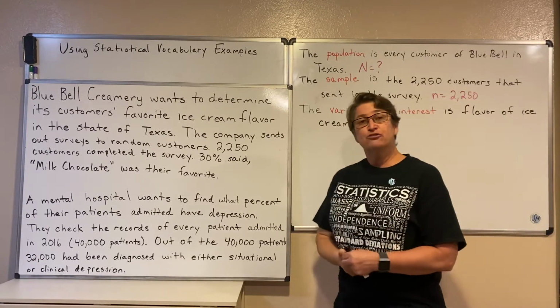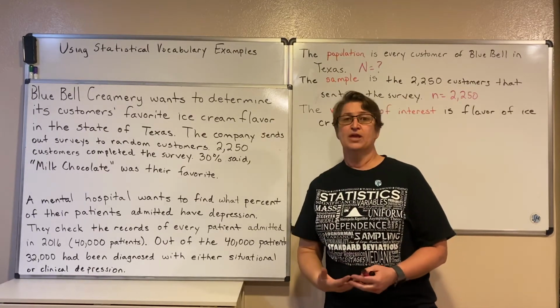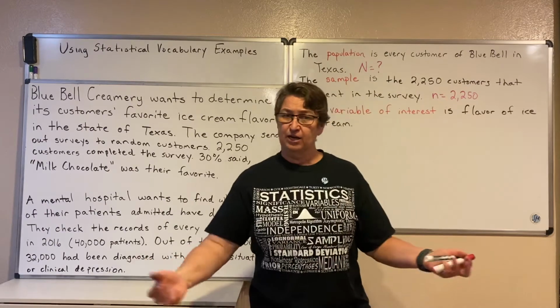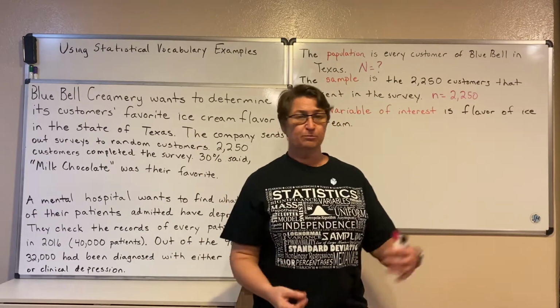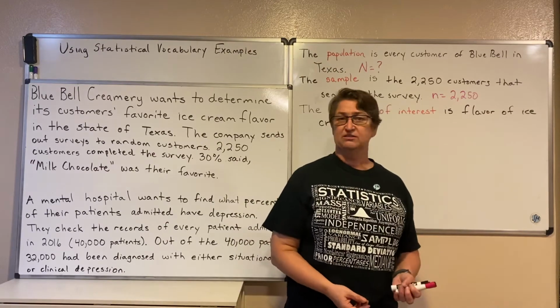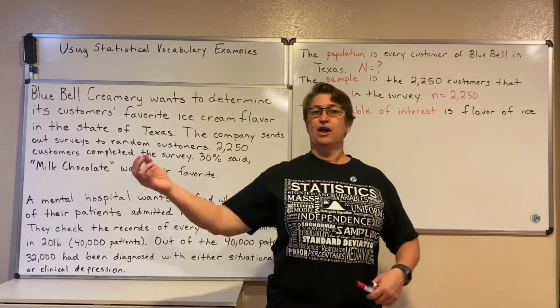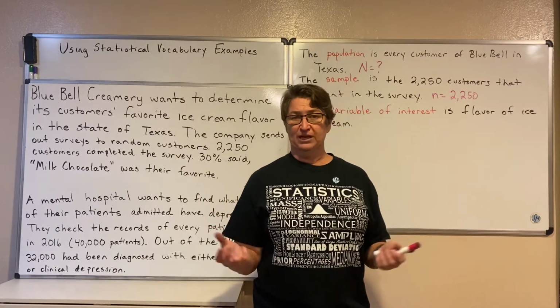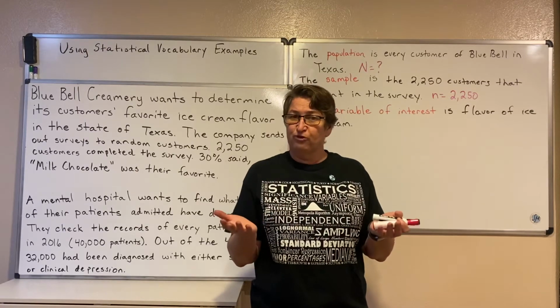Then we also learned about the words statistic and parameter. If we take all our data, so this customer sends in vanilla, another one sends in chocolate, another one sends in cookie dough, and another one sends in brownie bits. So we collected all our data, all these favorite flavors.